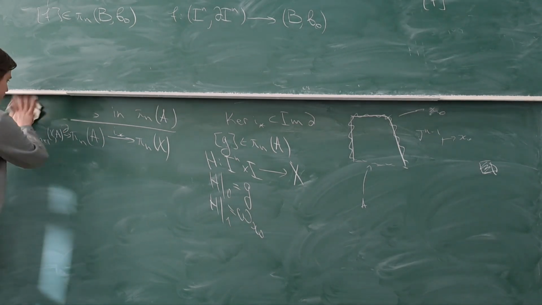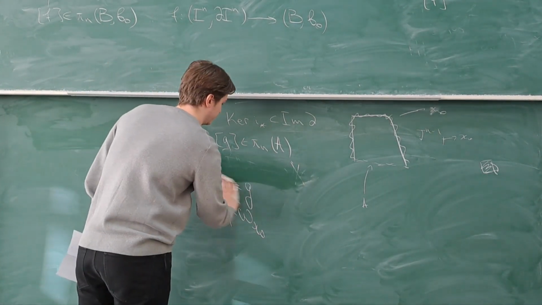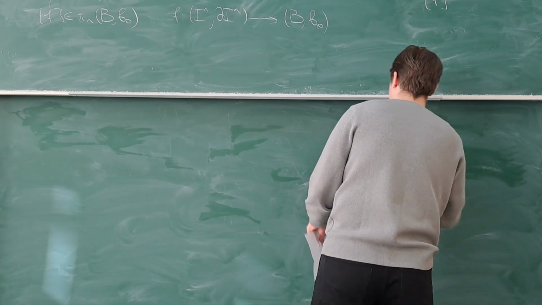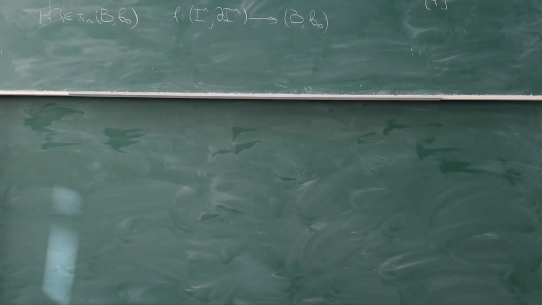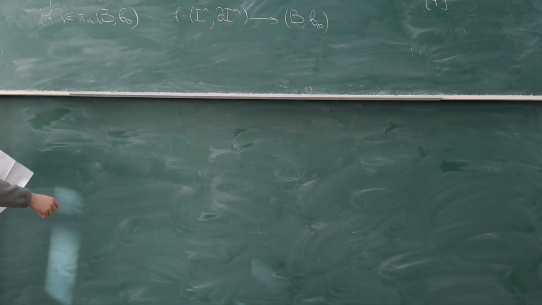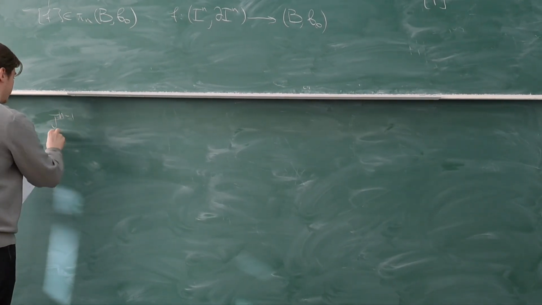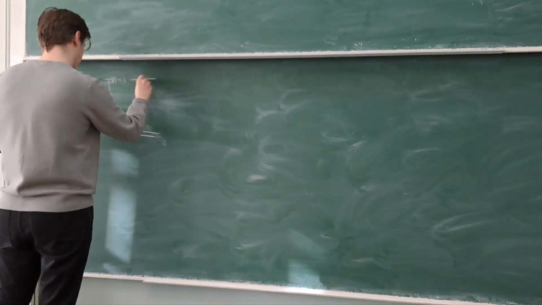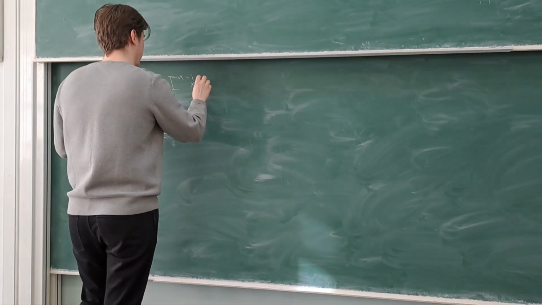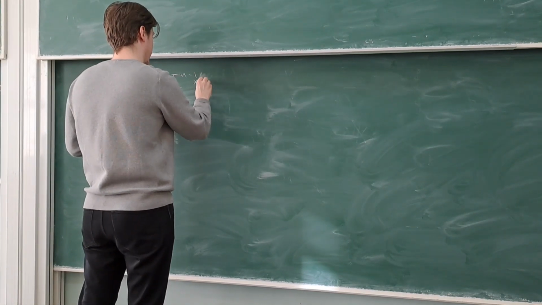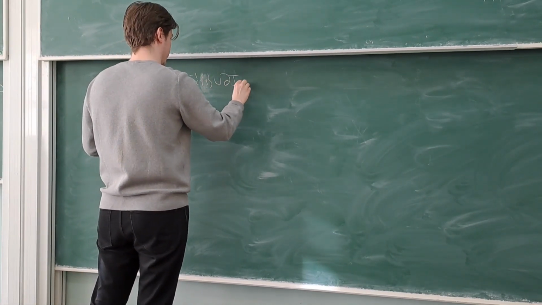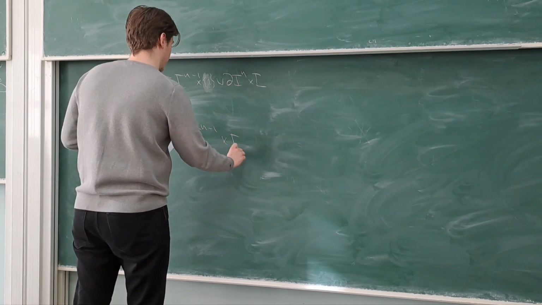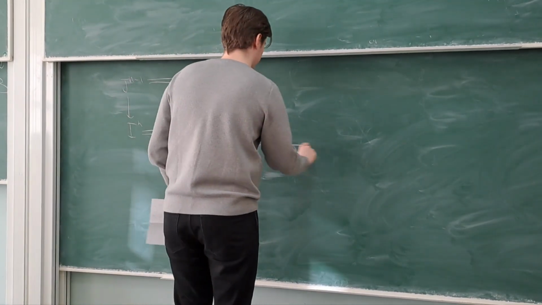Let's draw a diagram. This is I^(n-1), this is the inclusion.